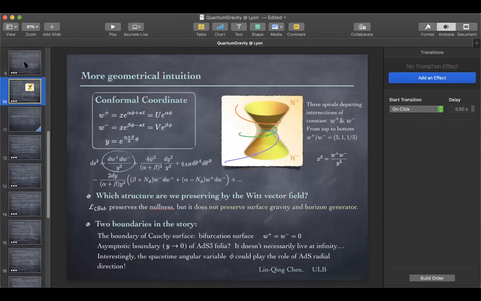They don't preserve surface gravity or the horizon generator, and they preserve this piece of the metric tensor, which is the leading order piece of a Killing tensor minus R squared g mu nu term. In AdS3, this will be the AdS3 foliation metric, and if you take a Lie derivative of this whole piece, the cross term will have a contribution into the leading order, and the only piece that's invariant by itself is the leading order piece.